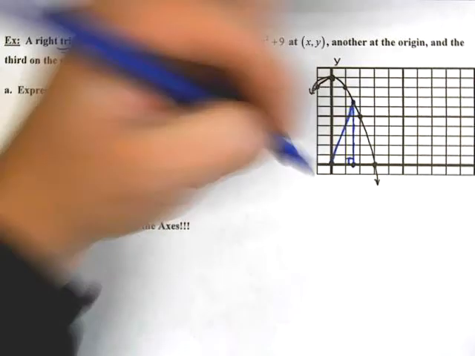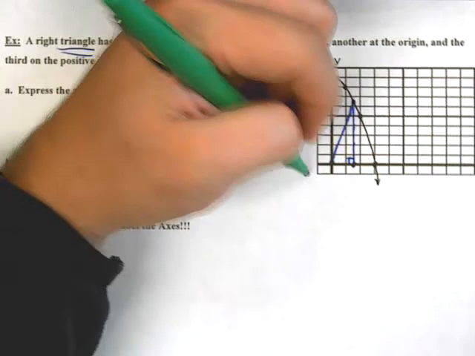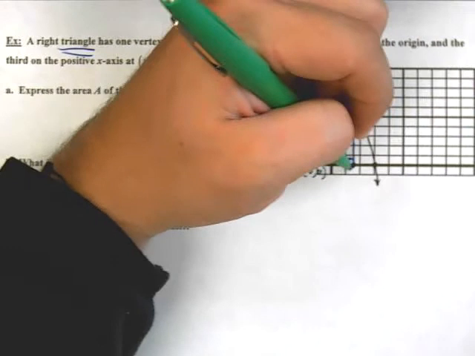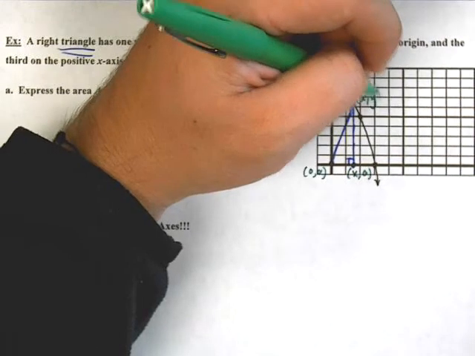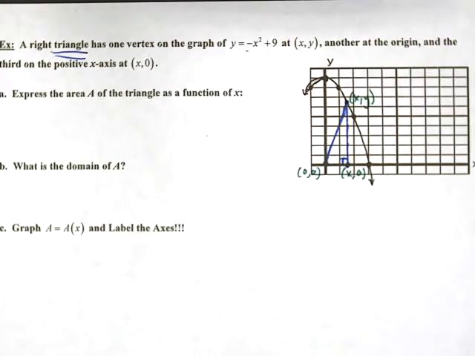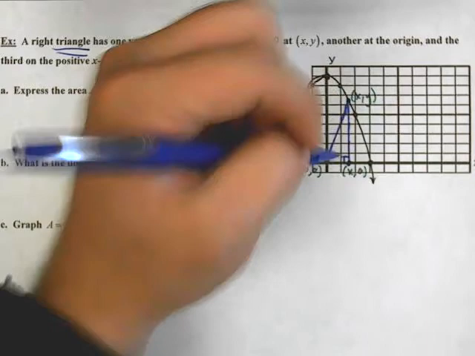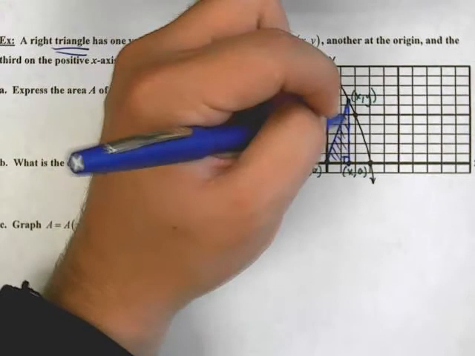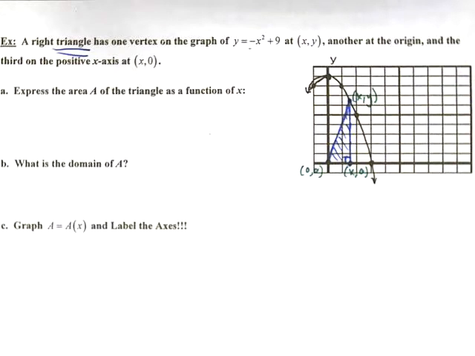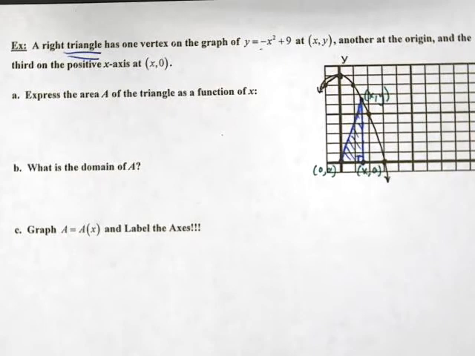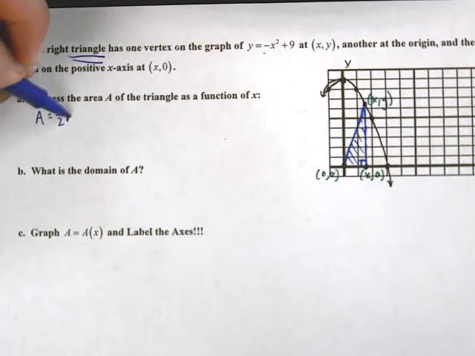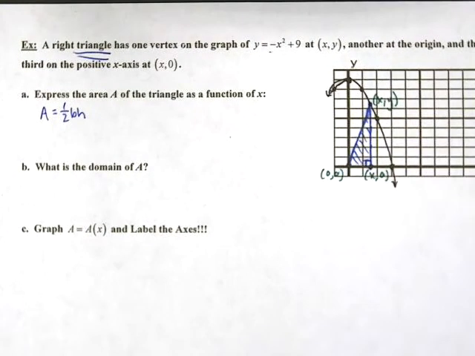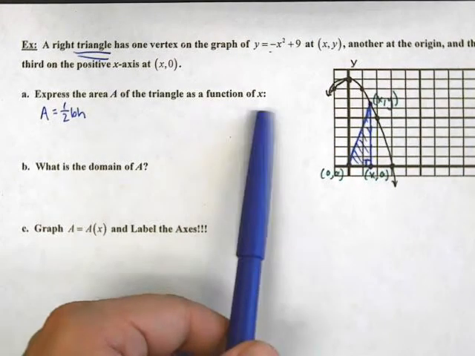Our points are exactly what we thought they would be. This is at 0, 0. This is at x, 0. This is at x, y. And just to keep track, we can shade in so we know what we're looking for. All right, area equation. Normally we'd say area equals 1/2 base times height, but we want to create an area function in terms of x.